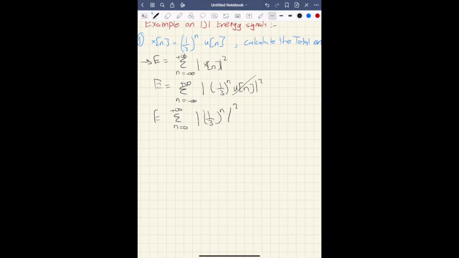This is to the power of 2. Then furthermore, we'll have the square applied, which results in the following equation, which can be expressed like this.